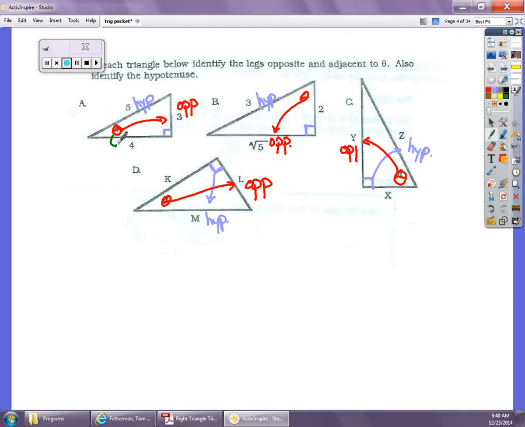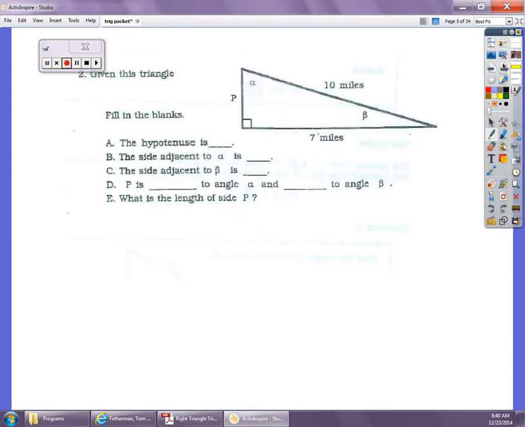If this is our angle, this is adjacent. It's next to the angle. Notice that the adjacent side always has two sides next to it, but one of those sides is the hypotenuse. So the other side is going to be the adjacent one.